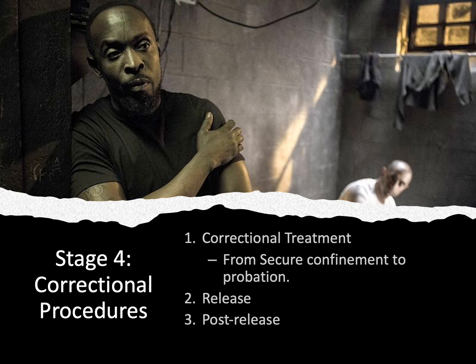But correctional treatment could also be something like probation, where you're not securely confined, but your movements and behaviors will be monitored by probation or home confinement. That is a part of the correctional procedures. Parole officers, probation officers, and other officers that work for corrections will be monitoring your activities.